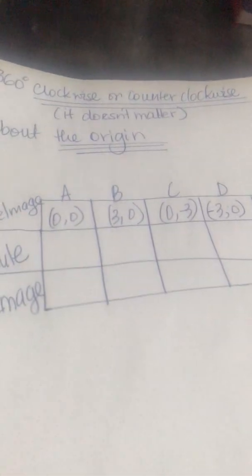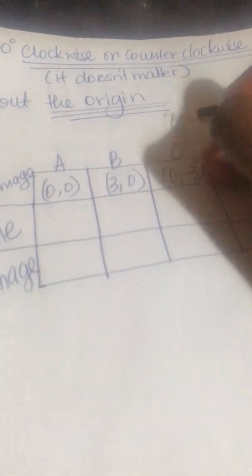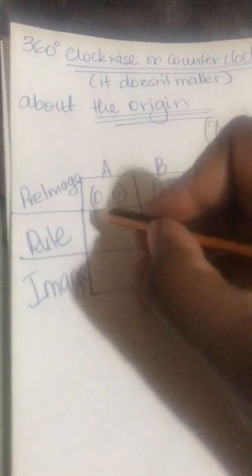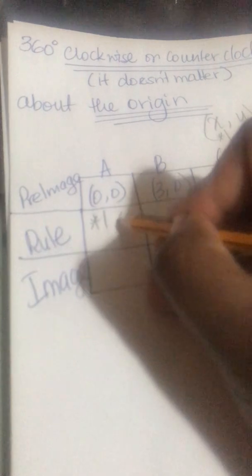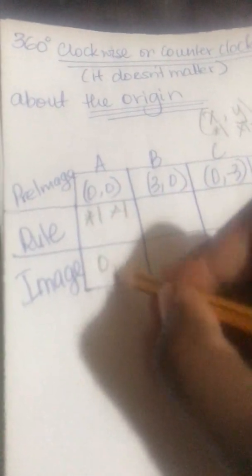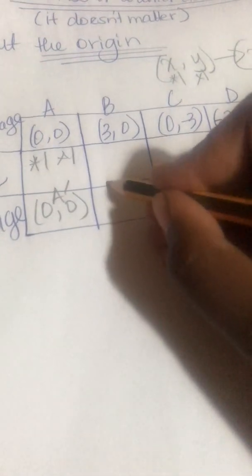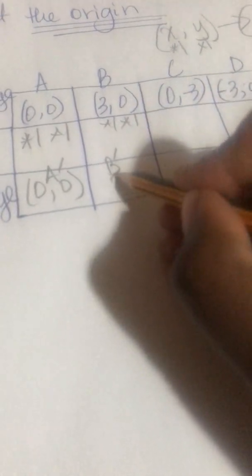All right, let's do 360. 360, it doesn't matter. X and Y, you multiply by +1, or you just leave it the same. So your answer is still X and Y. Nothing changes. So multiply by 1: 0, 0. A prime, B prime, multiply by 1, 3, 0.